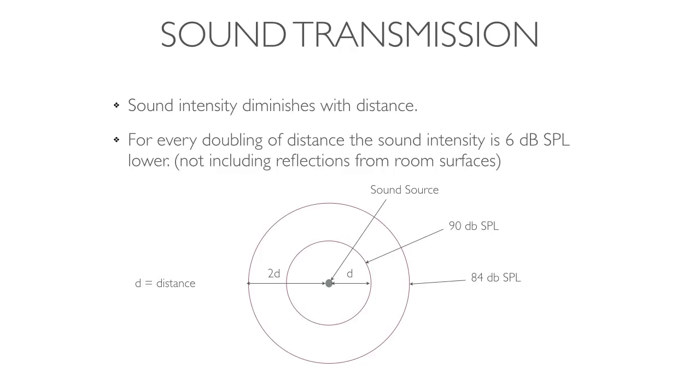Concert halls are actually designed to reflect sounds to the listener. So you don't get as much transmission loss in a hall, for instance, or even a normal room as you would outdoors. But outdoors, this relationship holds pretty well. And you can calculate how much loss you're going to have with different distances.